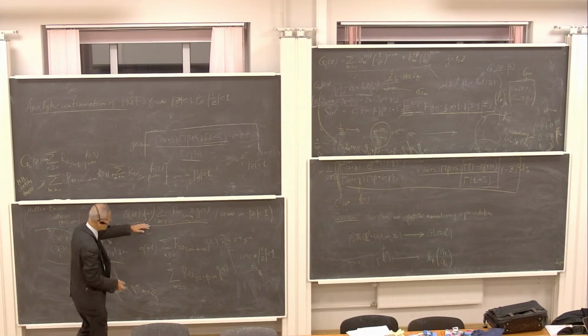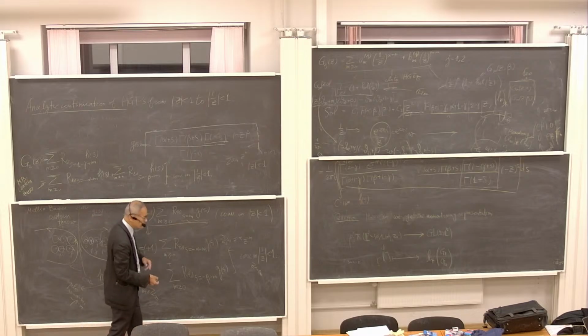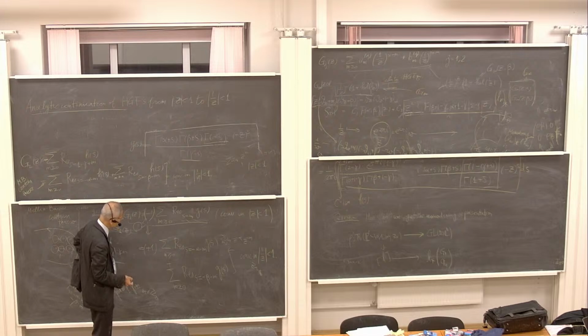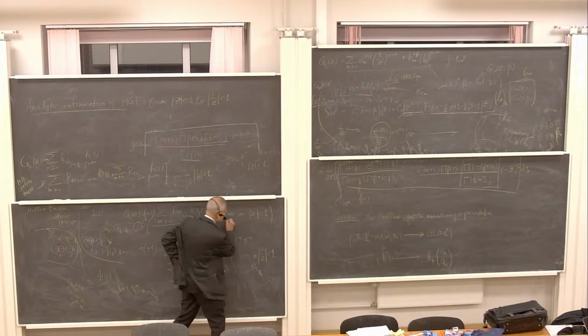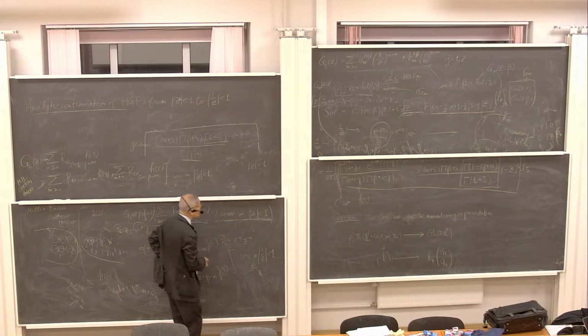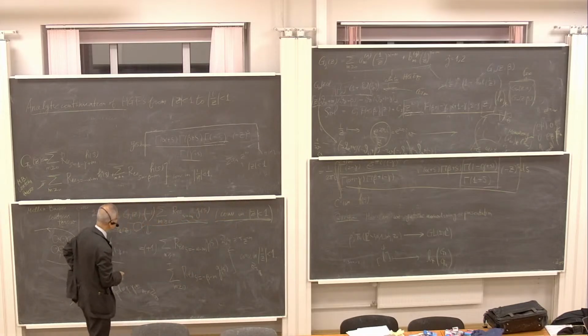G1 was this one. Summation of residues along these positive integers. That is, say, convergent in that small z.